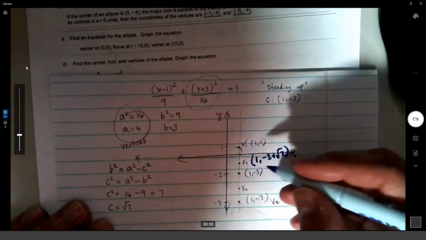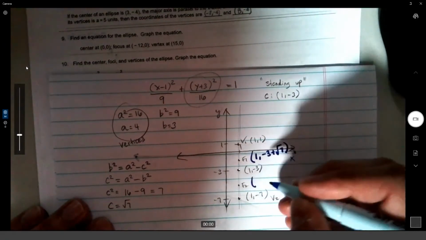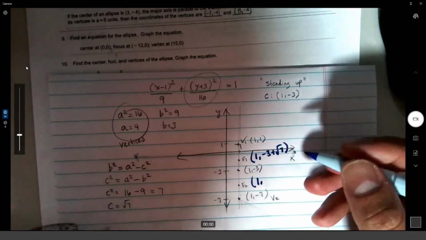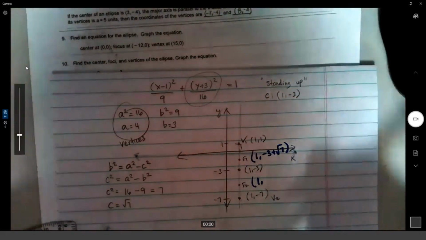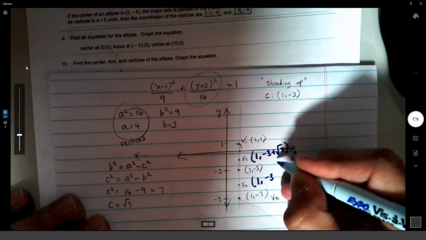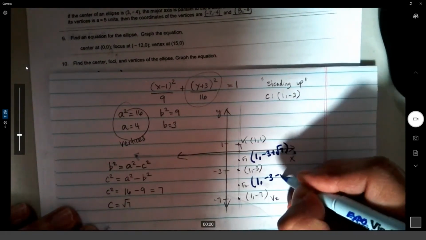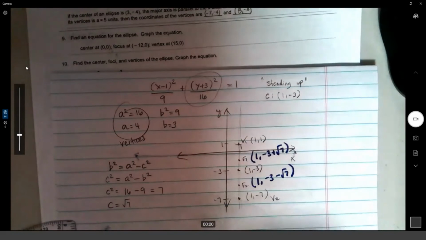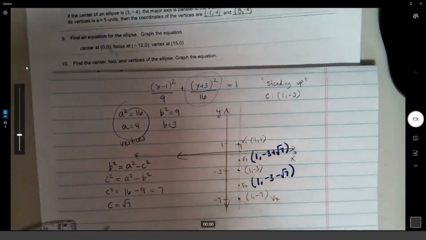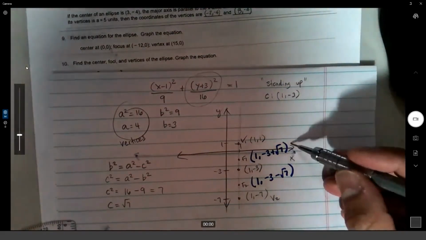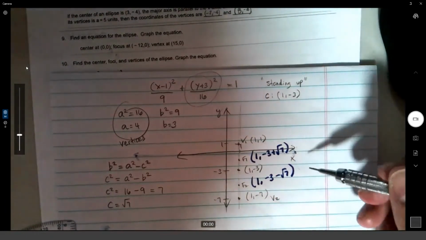That's for the first focus. For the second focus, we keep the same x, but since we're moving down, instead of adding, we will take away the square root of 7. So those will be the two ordered pairs that correspond to the foci.